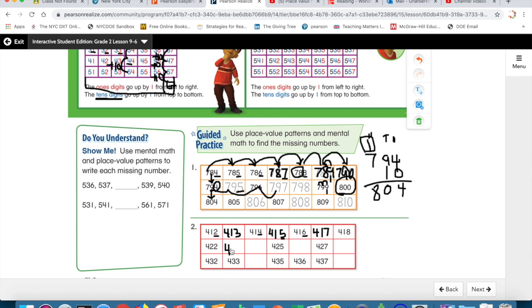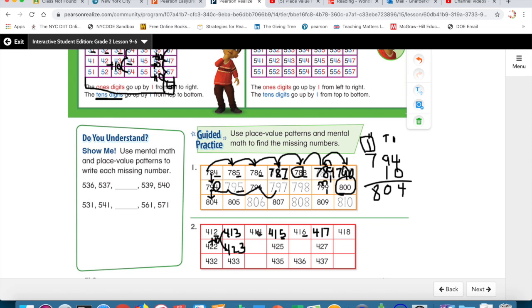Right, my tens digit is the one that changes. So I have to add 110 to this. So what's 413 plus 110? Right, 400, my 110 plus another 10 equals 210. Does the number in the ones place change? No, it does not. The number in the ones place stays the same because we're not moving right, we're moving top to bottom. So only the number in the tens place changes.